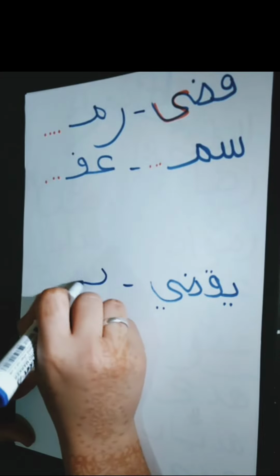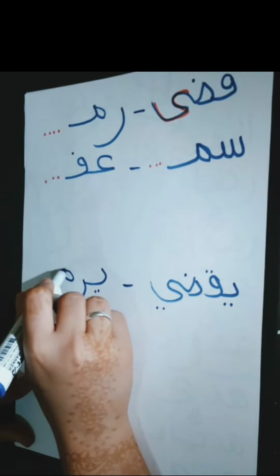If we change these words to present tense, it's yarmi. And we can see that it's end by ya, and the words, if it's end by ya in present tense, we'll write, of course, الألف المقصورة. Okay. Very good.